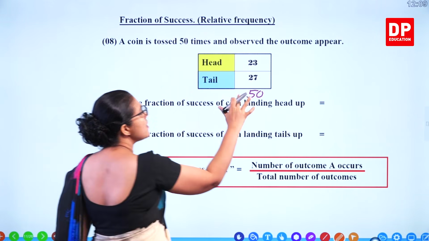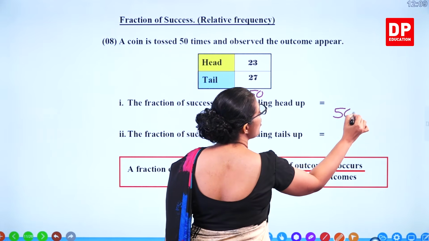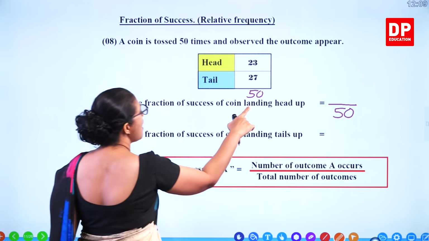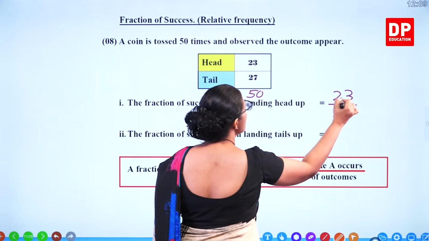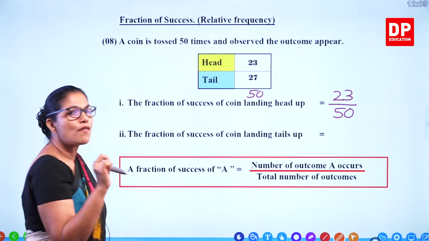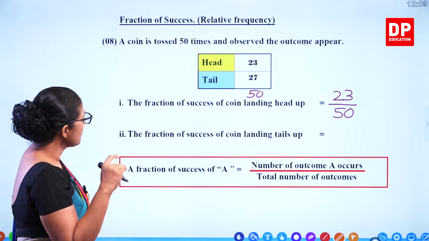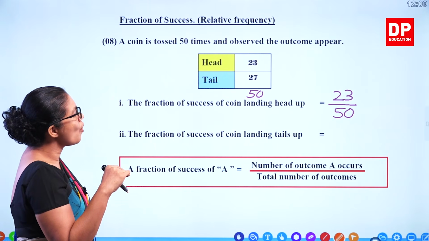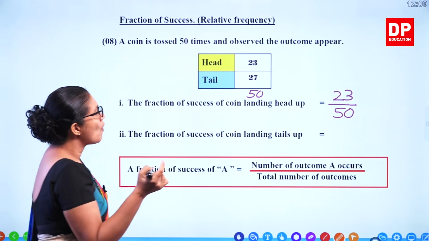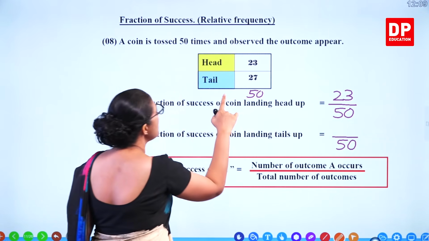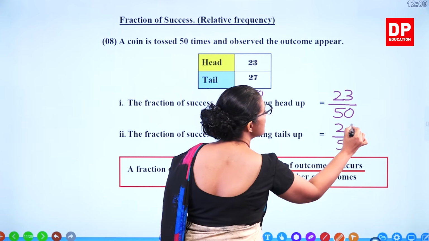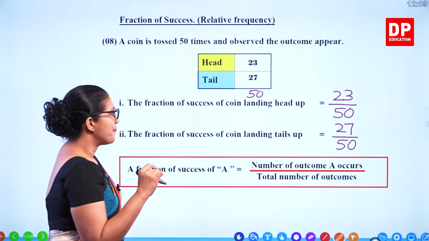So altogether 50 tosses. Out of 50, how many heads? 23 heads. So that's the fraction of success. What's the fraction of success of the coin landing tails up? Altogether 50, and out of 50, 27 tails are there.